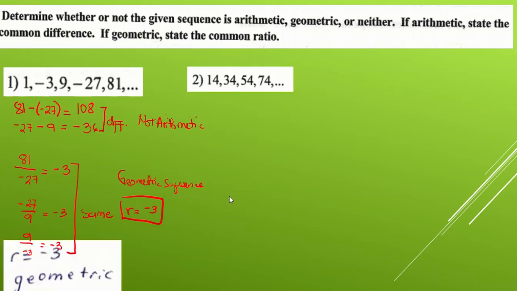This one. Let's see if it is arithmetic. So you have 74 minus 54, that is 20. 54 minus 34 is still 20. And 34 minus 14 is still 20.